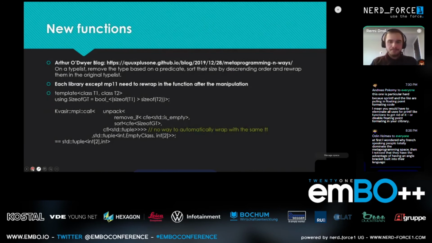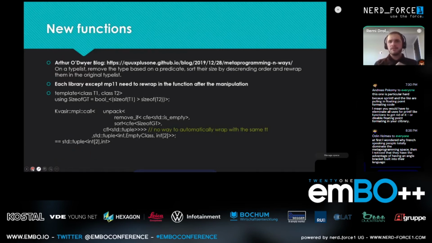Okay. Now for the new things in my library. I have 20 minutes. Arthur Dwyer did a blog on how you do the same operation on some template metaprogramming libraries, and they all have the same problem.